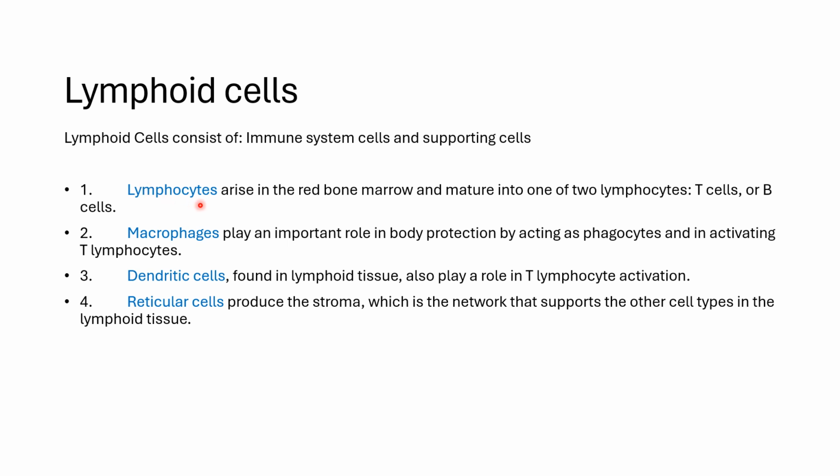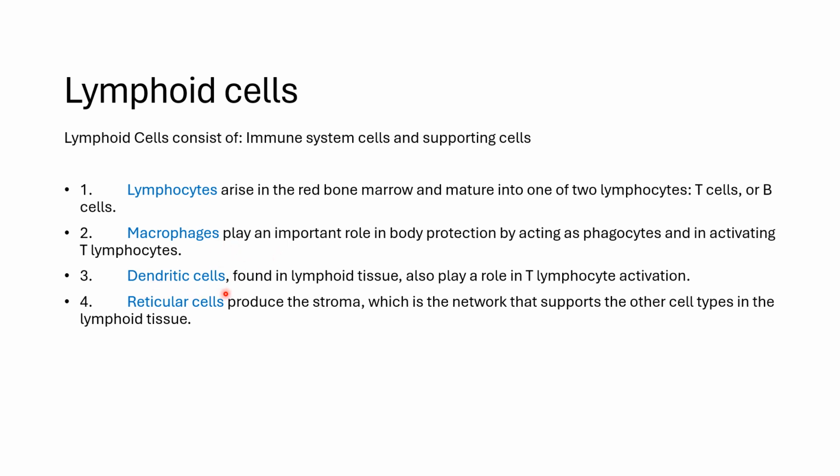What are lymphocytes? They are made by the red bone marrow and they mature there. The B cells develop in the bone marrow, whereas T cells go to the thymus. Then macrophages play an important role in activating T lymphocytes. They present antigens to the lymphocytes and activate them.